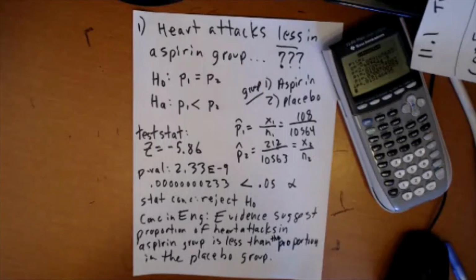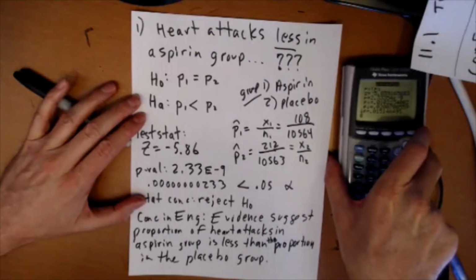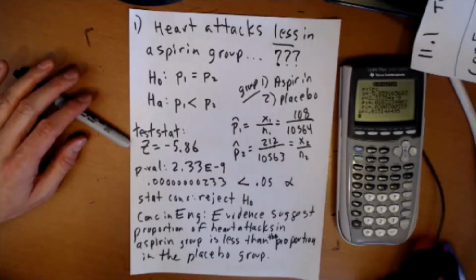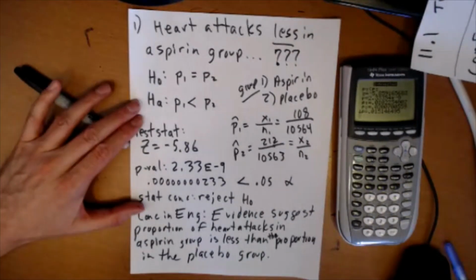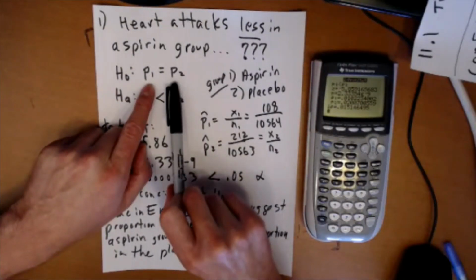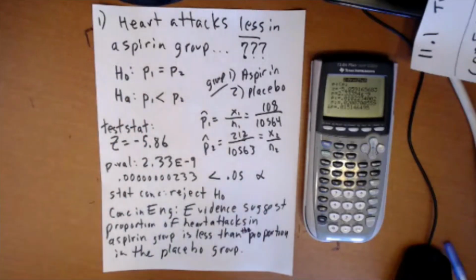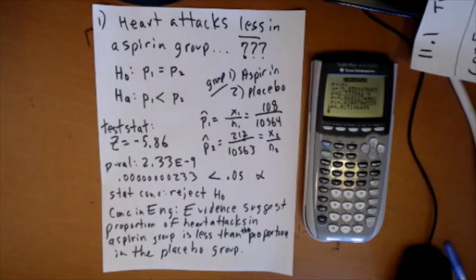Okay. So let's see. Let's review what just happened. So in our new game, we have the null, 2 groups, and we're talking about proportions. So P1 equal P2, that's kind of a new idea.